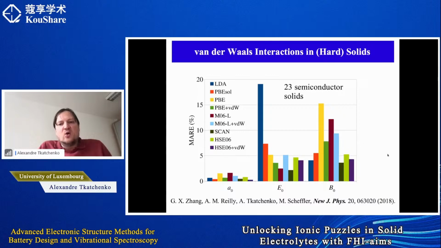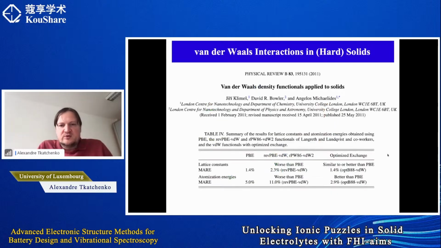Of course, we are not the only people that worked on the importance of van der Waals interactions in solids. This is quite a prominent paper from Jiri Klimes and Angelos Michaelides, who demonstrated that by empirically optimizing semi-local exchange in density functional approximations and coupling this to the non-local van der Waals functional of Langreth and Lundqvist, you can actually get better results than PBE for the cohesive energies of solids and get essentially lattice constants of solids with the same accuracy as PBE.